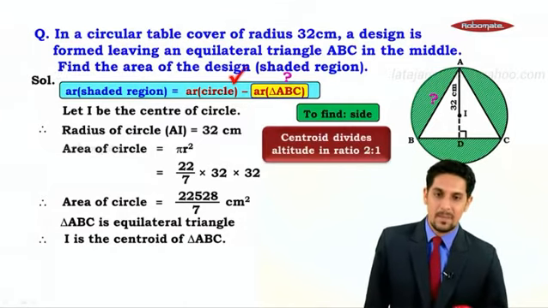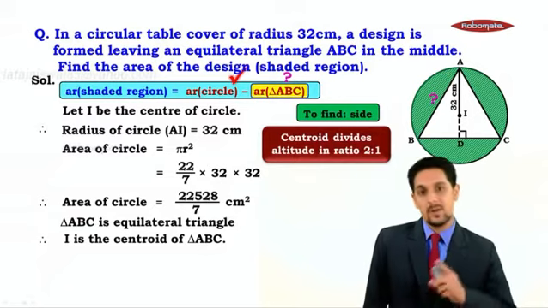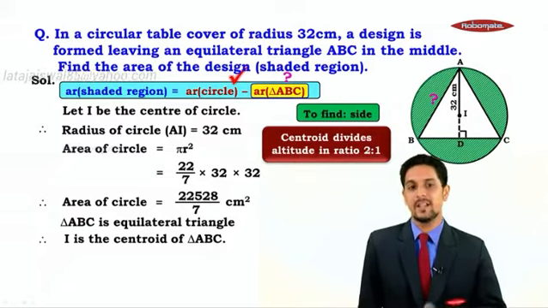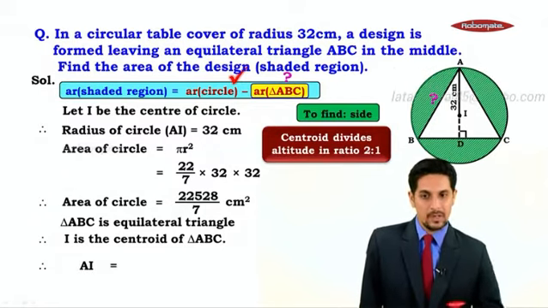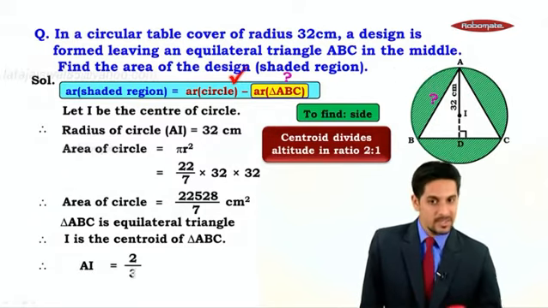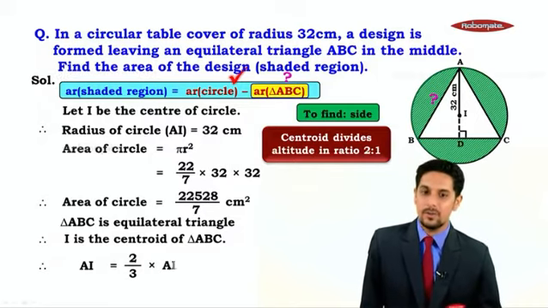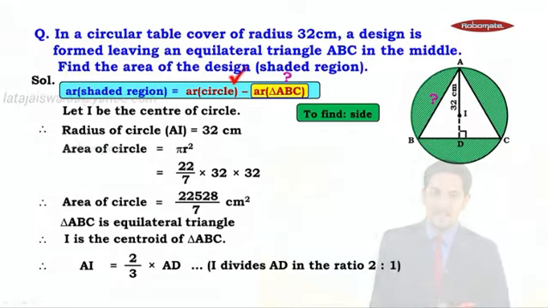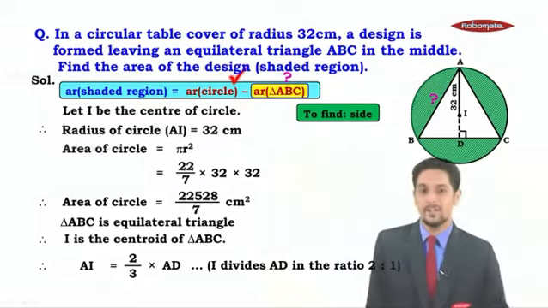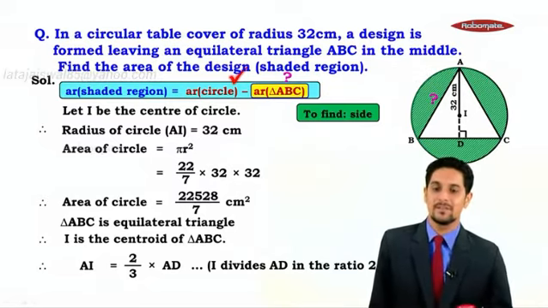Now students, remember that the centroid divides the altitude in the ratio 2:1. So we can say AI will be equal to 2 upon 3 times the altitude, that is AD. The reason we are going to write is I divides AD in the ratio 2:1. That is, the centroid divides the altitude in the ratio 2:1.